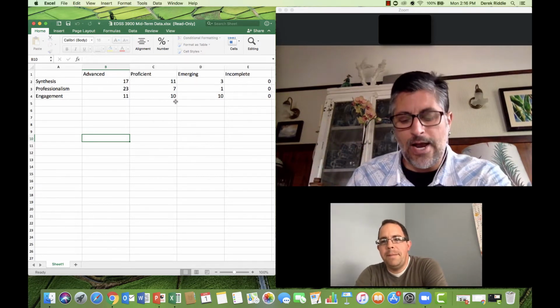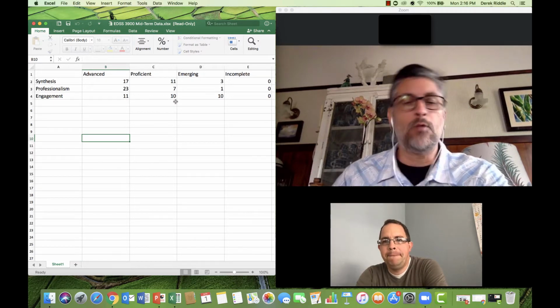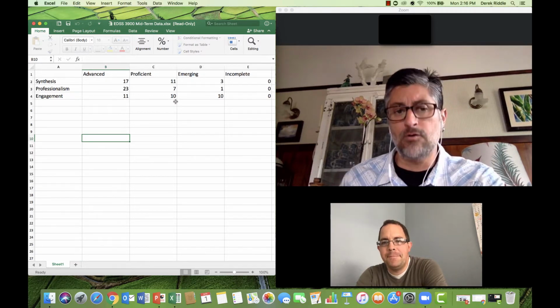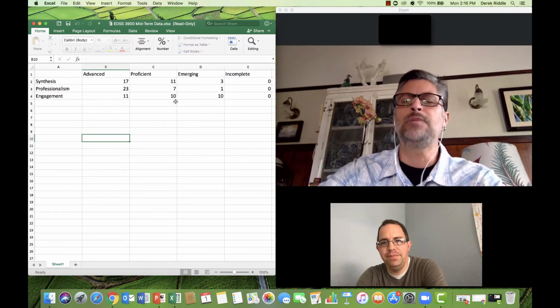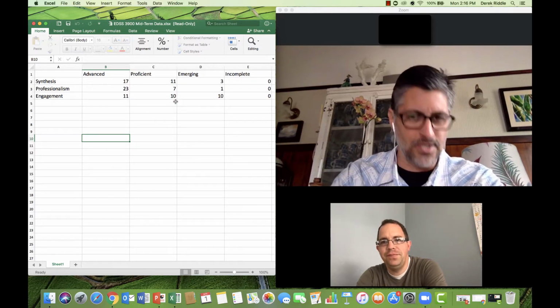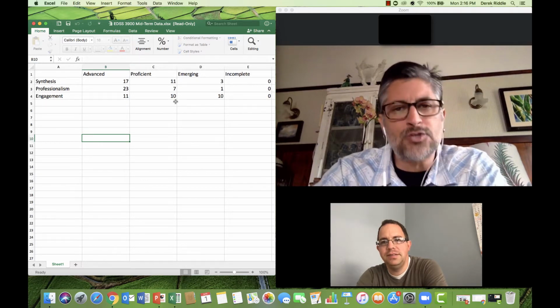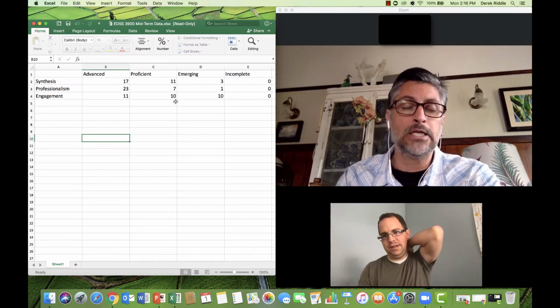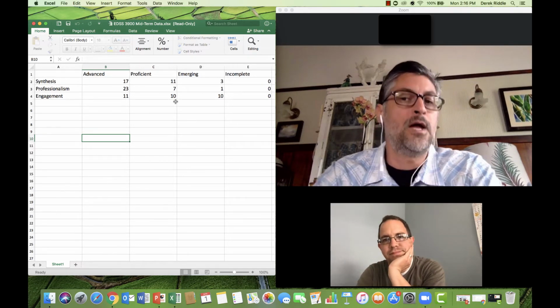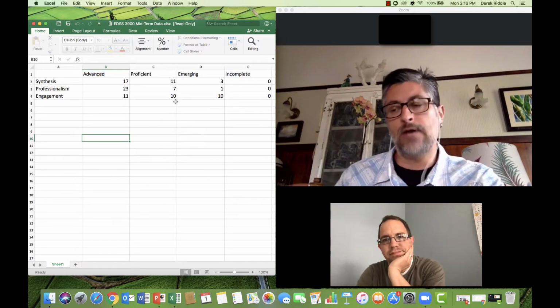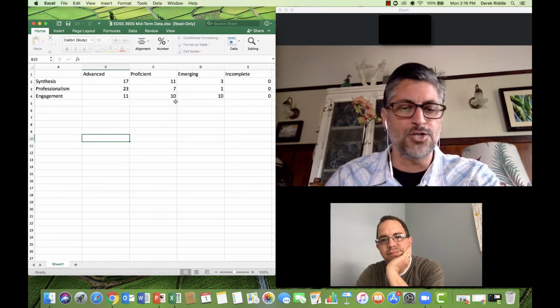And perhaps for the future, we might want to break down these categories: what does it mean to be advanced engaged, proficient engaged, emergent engaged, and what have you? So to provide a more clear-cut type of rubric for our students might be another piece we want to look at for future clarification.